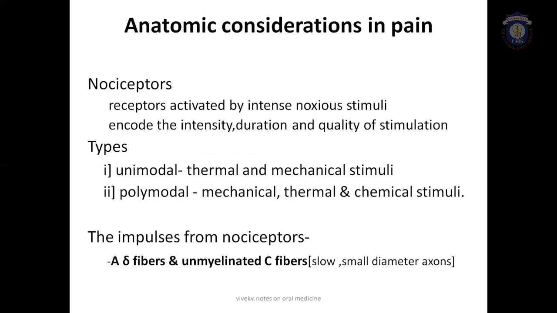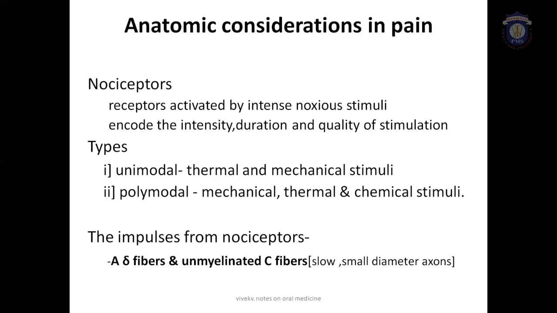Anatomical considerations in pain include the anatomy of pain stimulation, pain modulation, pain conduction, and perception of pain. So anatomical structures that are involved in all these aspects are considered under anatomical considerations of pain. Essentially, we start off with nociceptors.